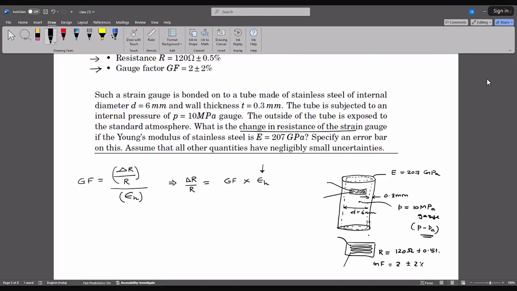How do you determine hoop strain? You have to find hoop strain from hoop stress. And if you have studied strength of materials, as we discussed in the class, the hoop stress, as per a cylindrical tube, is given by delta P into radius of the tube divided by thickness of the tube.